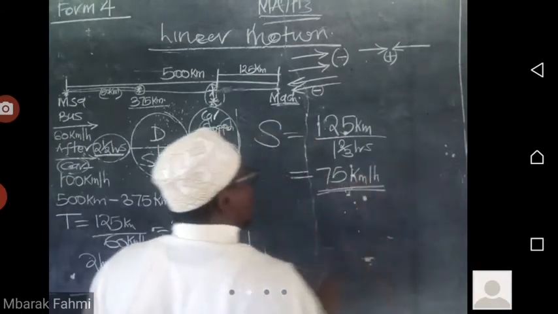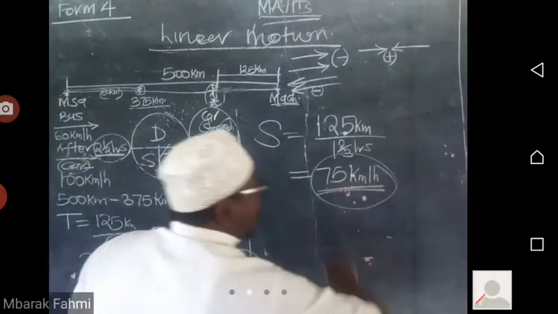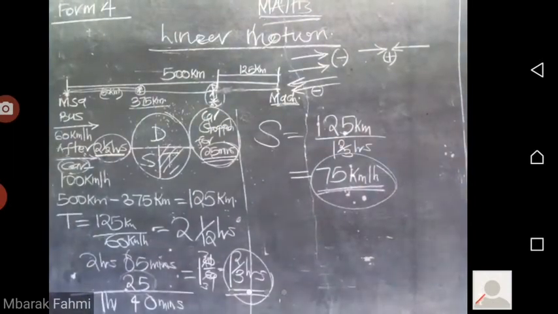So the bus has to go at a speed of 75 kilometers per hour. Sorry, not the bus, but the car. The car has to travel at a speed of 75 kilometers per hour for it to reach Machakos at the same time as the bus.